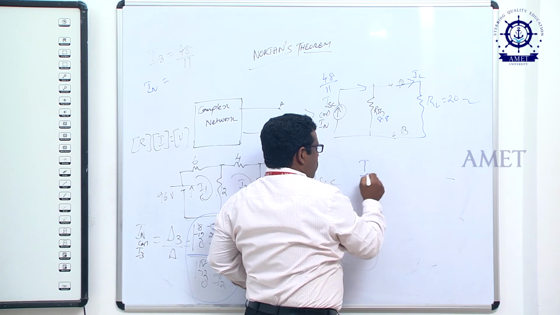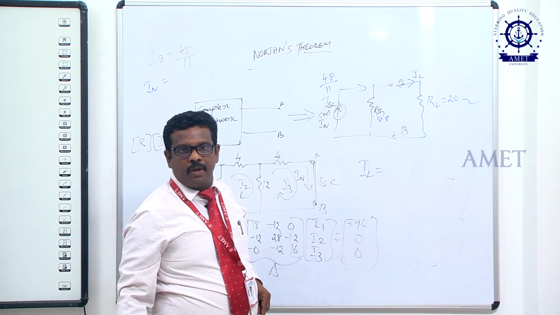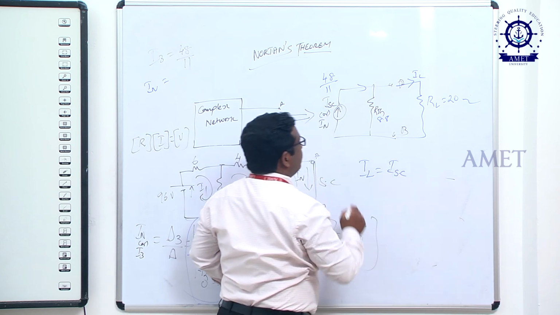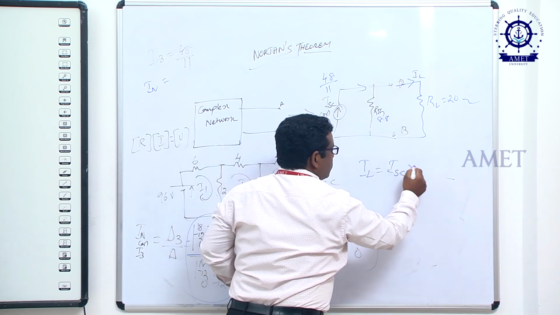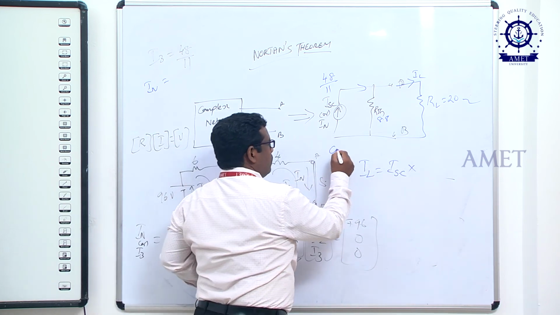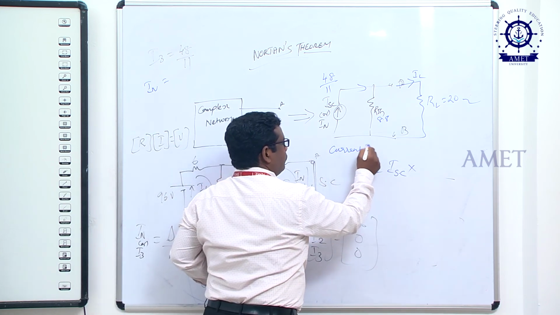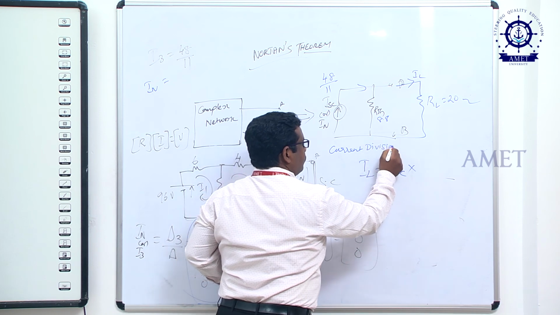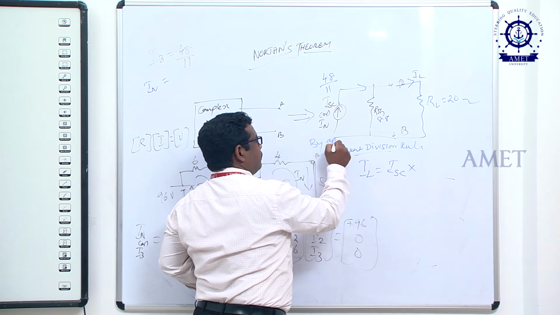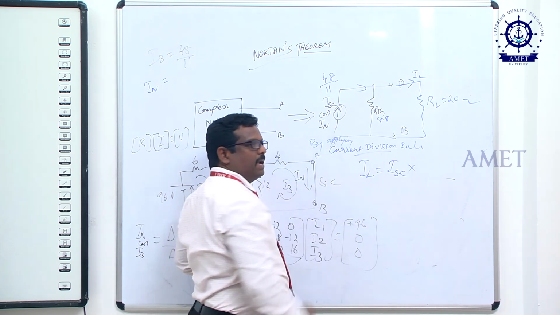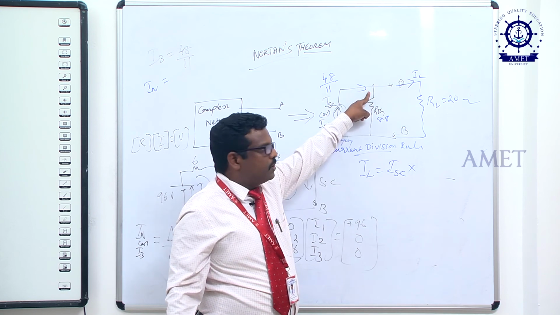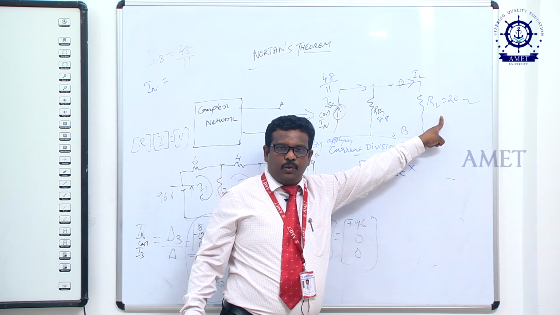So, therefore, load current is equal to the short circuit current coming here, multiplied by, applying the current division rule, our aim is to calculate the current flowing through this path.